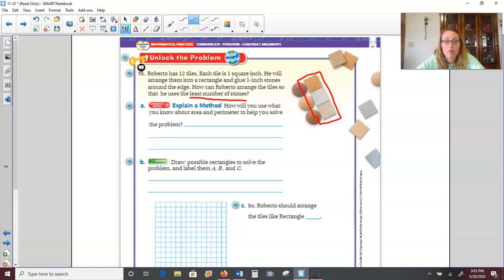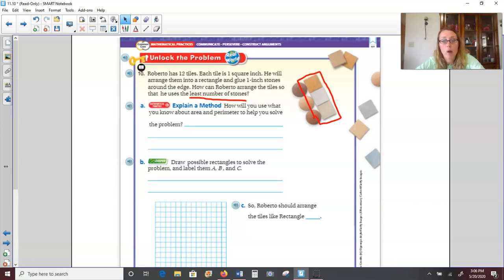So how will you use what you know about area and perimeter to help you solve the problem? Well, if he wants to use the least number of stones, that means he's going to have to squish the area of whatever he is making together so that the distance around is the smallest.